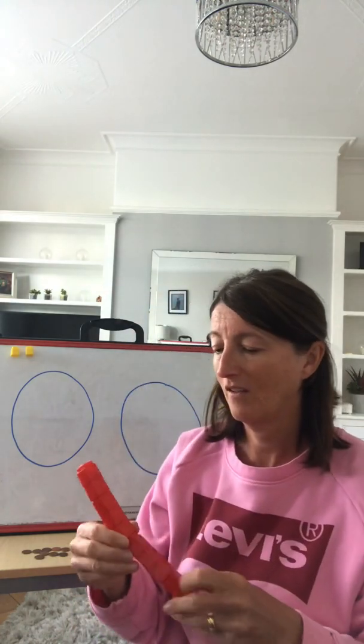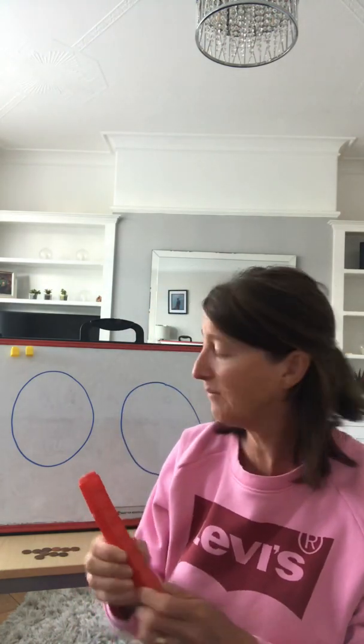So now I've split them in half because I've got two parts, and each part is exactly the same. So whenever you split anything in half, you have to have two parts that are exactly the same. That's really important, exactly the same. So, just like my toast.